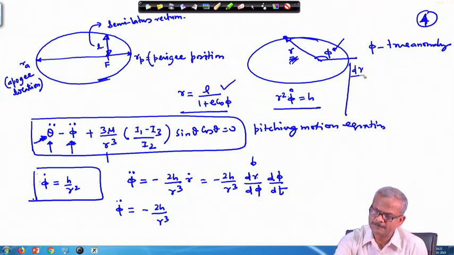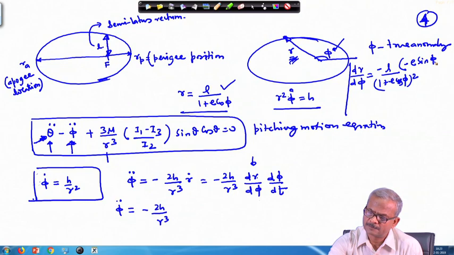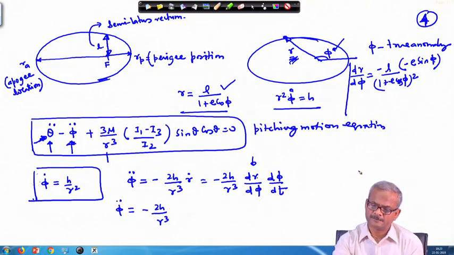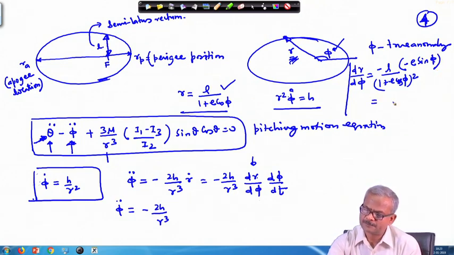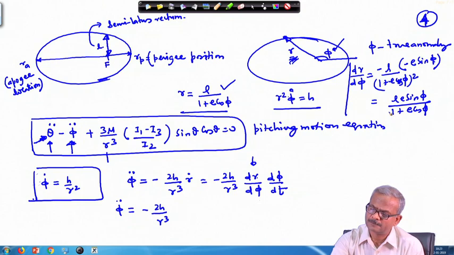So, dr by d phi we can write as L by (1 plus e cos phi) whole square, and then on the upside minus e sin phi. So, this becomes L e sin phi divided by (1 plus e cos phi) whole square.